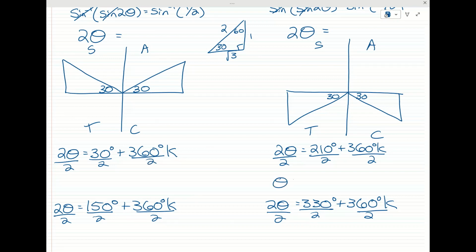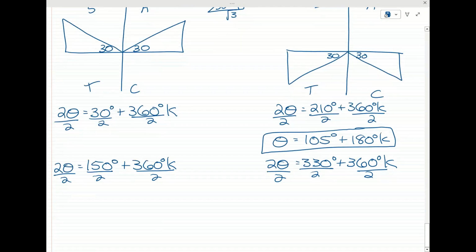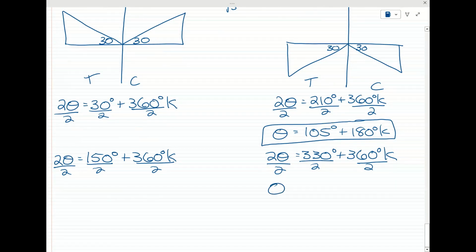And let's see, we get theta is equal to 210 divided by 2, which is 105 plus 180K. That's one answer. Another answer would be theta is equal to 330 divided by 2, which is 165 plus 180K.